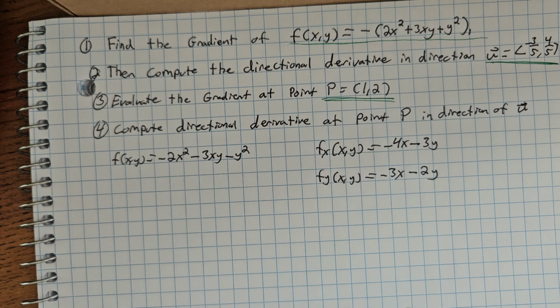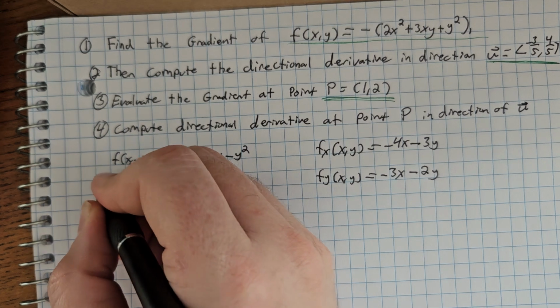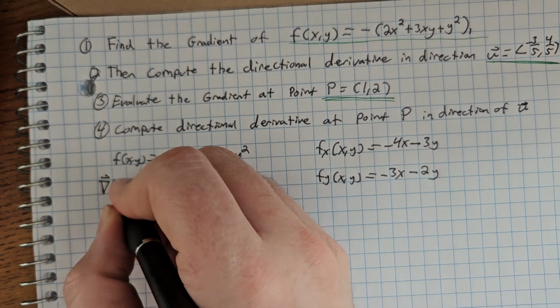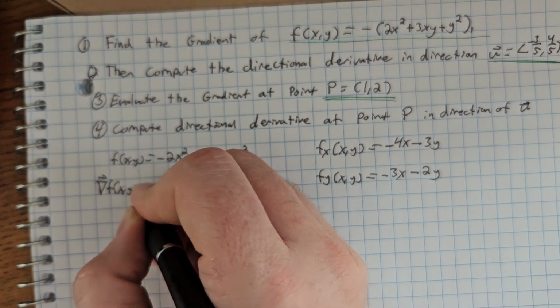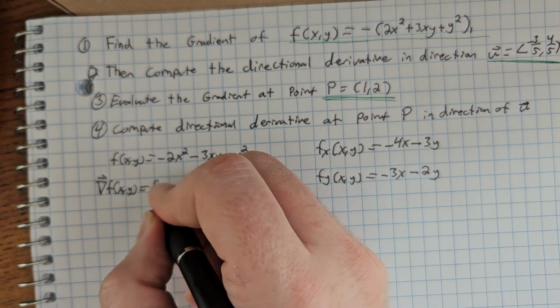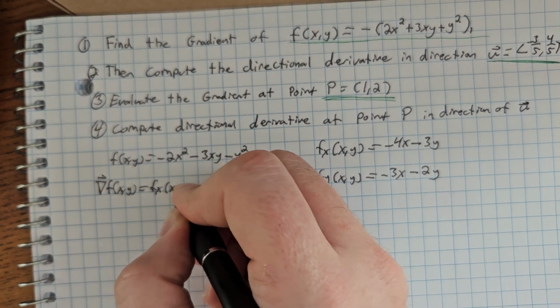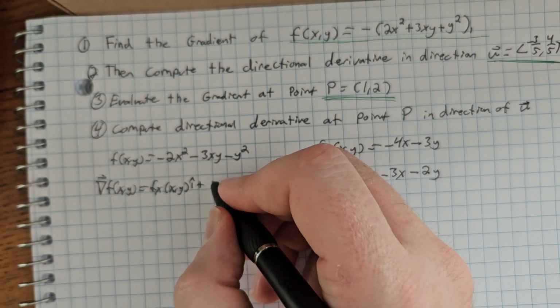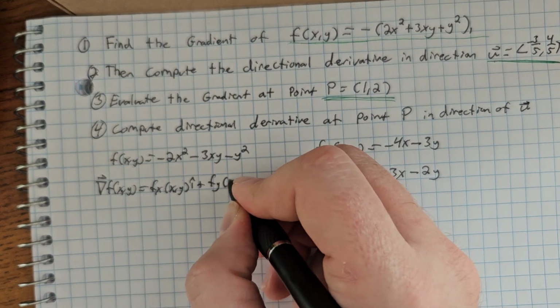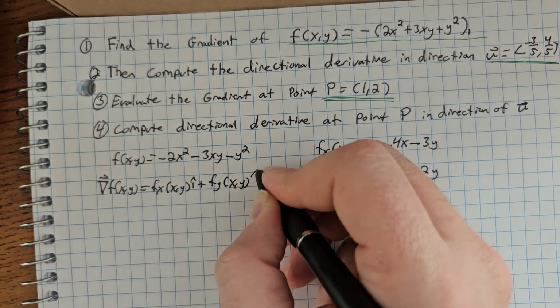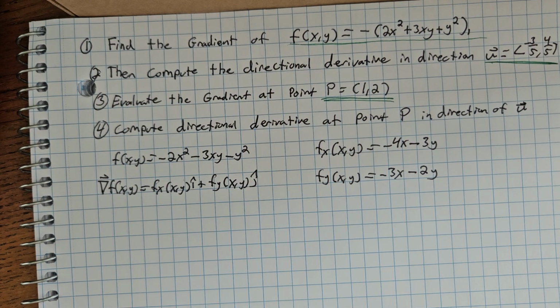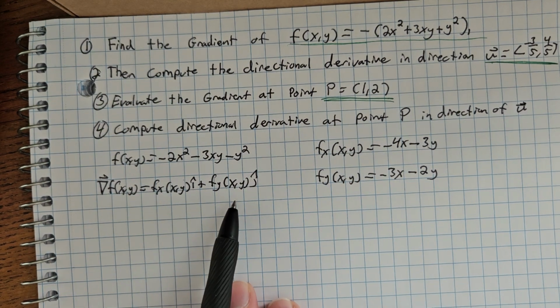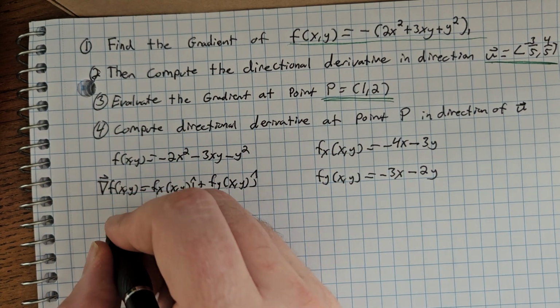So we take these two values and we can find our gradient. If you remember, the gradient of a function is equal to the partial derivative in respects to x, i, plus the partial in respects to y, j. So we take these and we plug them into this equation and we will have our gradient.